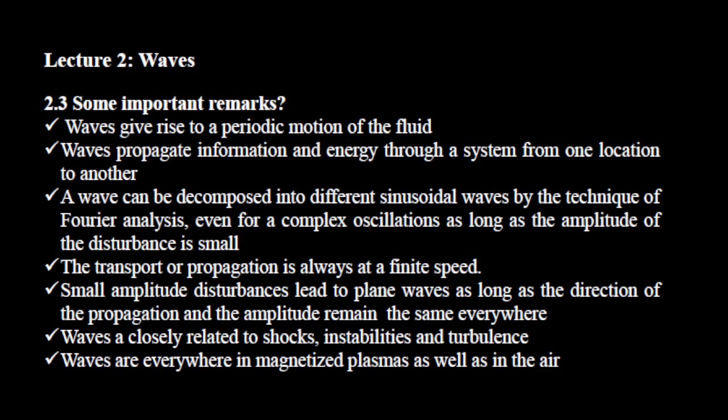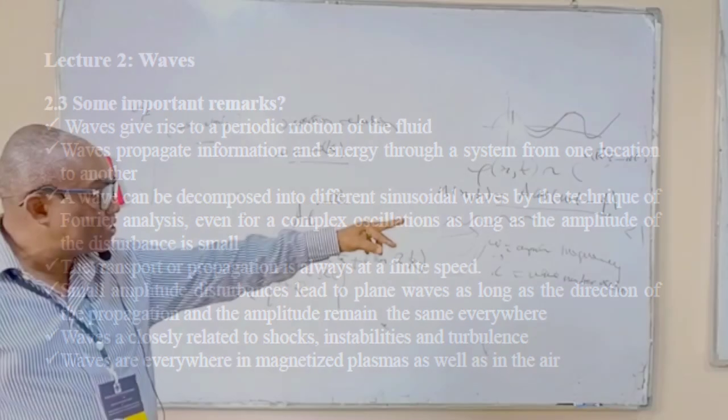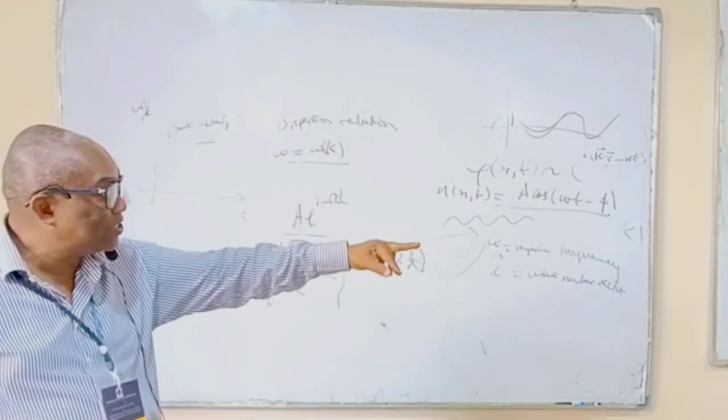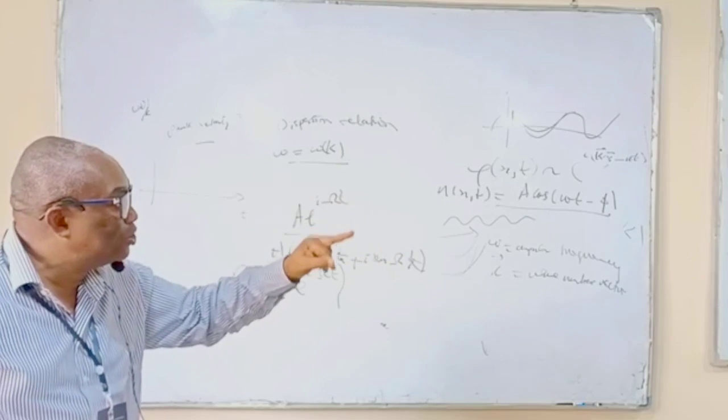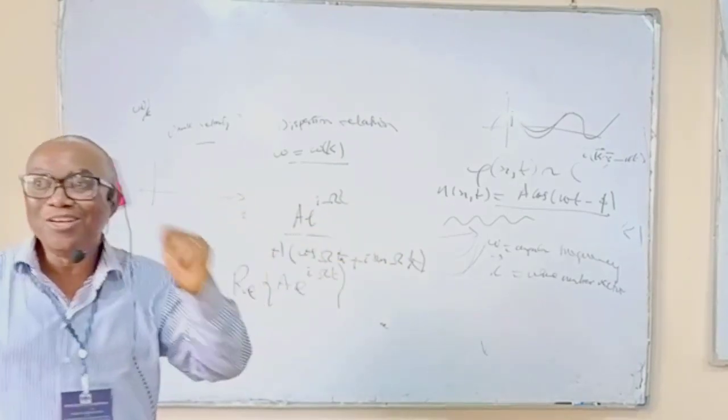Waves propagate information and energy through a system from one location to another. Is it true? Okay. A wave can be decomposed into different sinusoidal waves by the technique of Fourier analysis, even for complex oscillations, as long as the amplitude of the disturbance is what? Small.